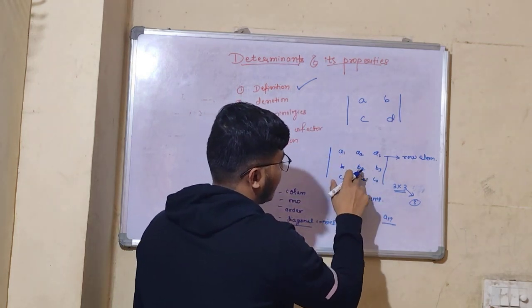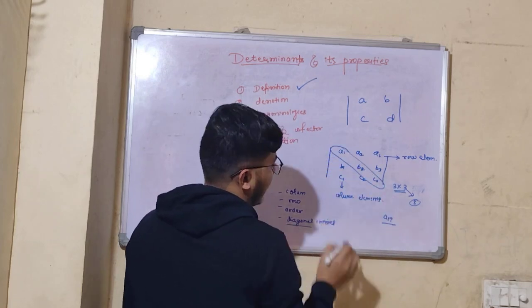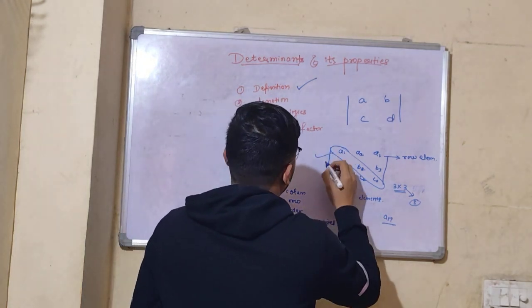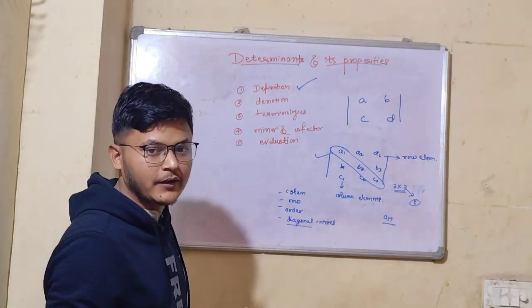This is A11, A22, A33, these are the diagonal elements here. Okay. So completing with this, let's come on to our next topic, that is what is minor and cofactor.